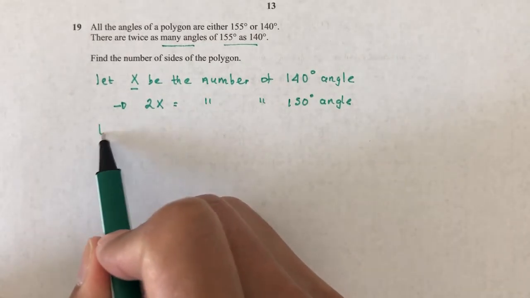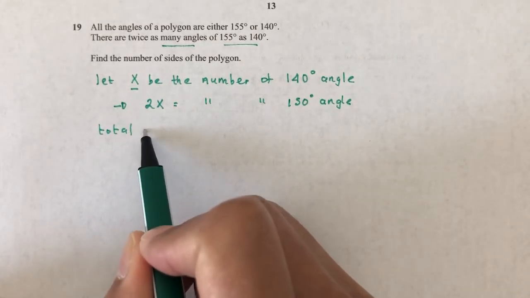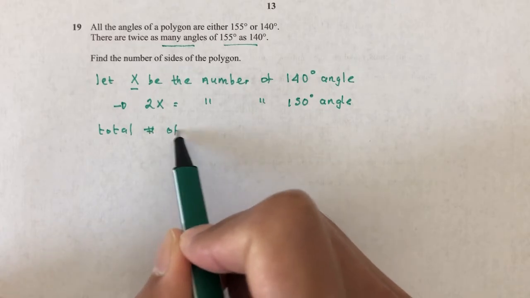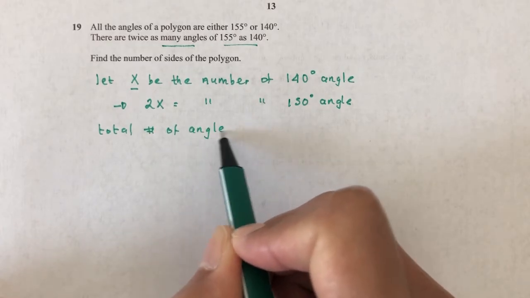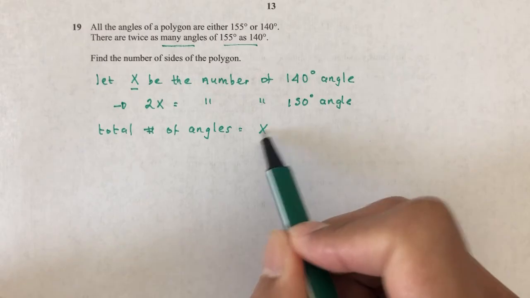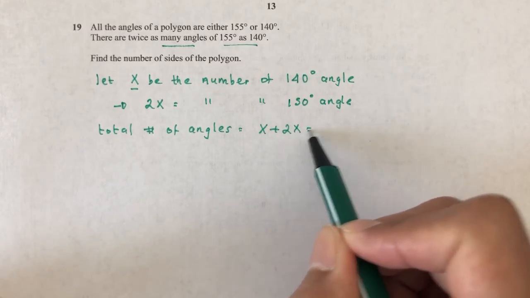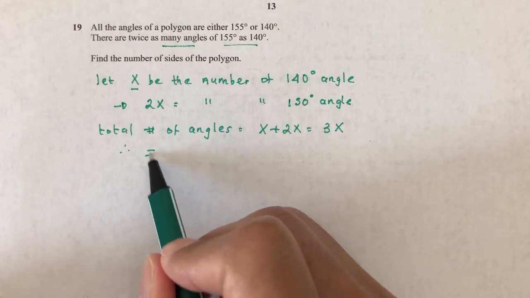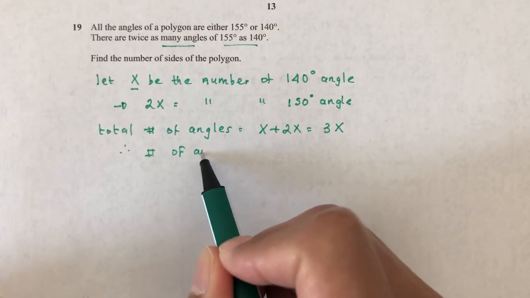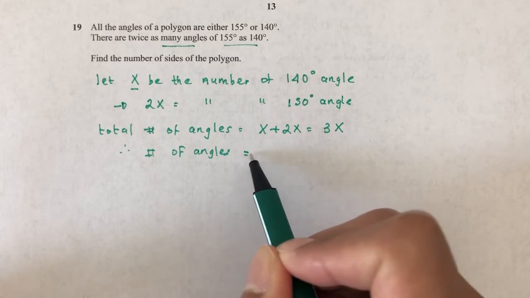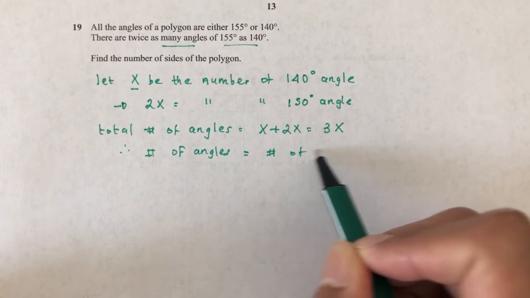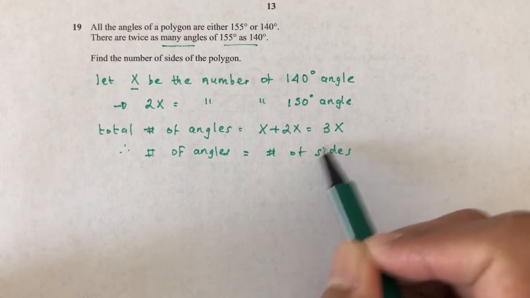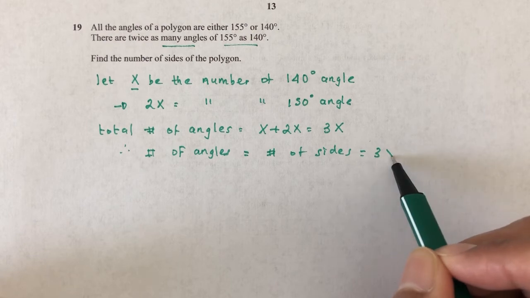Total number of angles is x plus 2x, which will be 3x. So now we must know that the number of angles is equal to the number of sides. So thus, the number of sides is also equal to 3x.